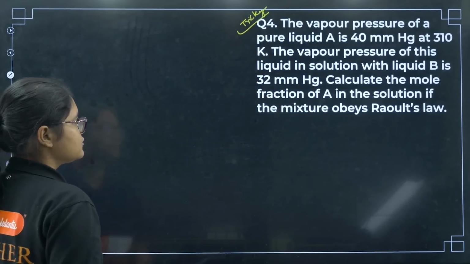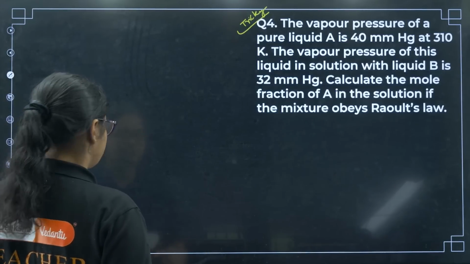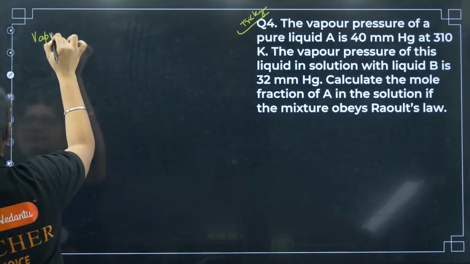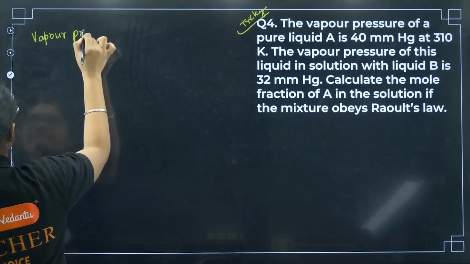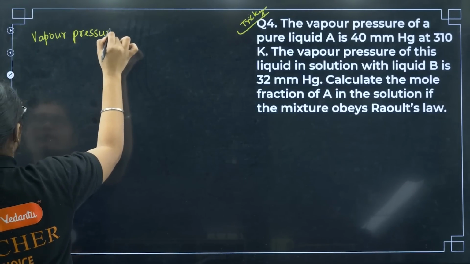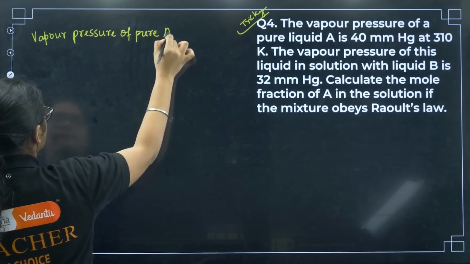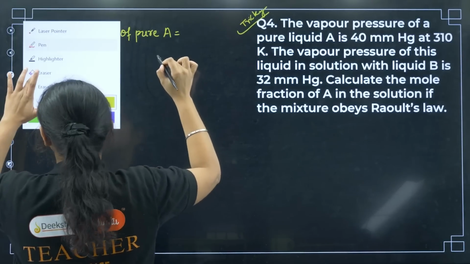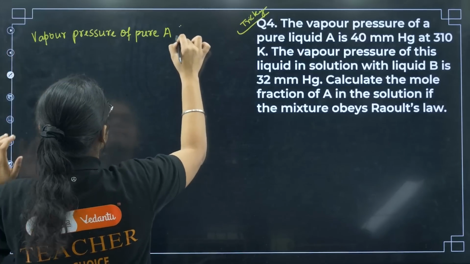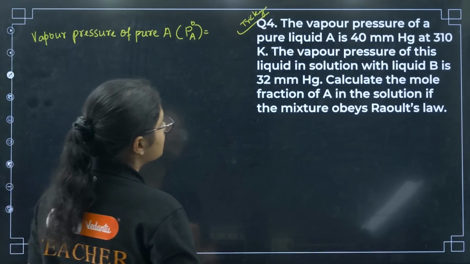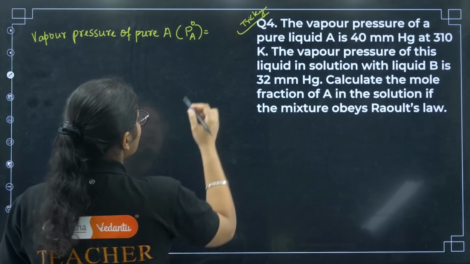So first of all, I can mention the vapor pressure of pure liquid A. I can write the vapor pressure of pure A, that is P naught A, is equal to 32 mm Hg.